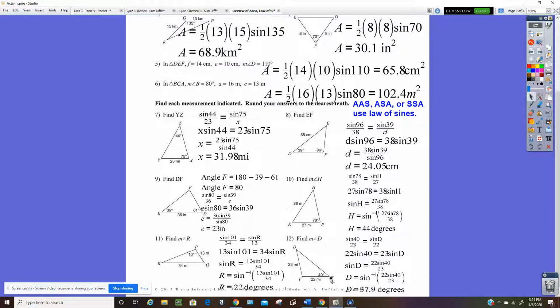So let's go to the calculator again. Inverse sine of 27 sine of 78 over 38.